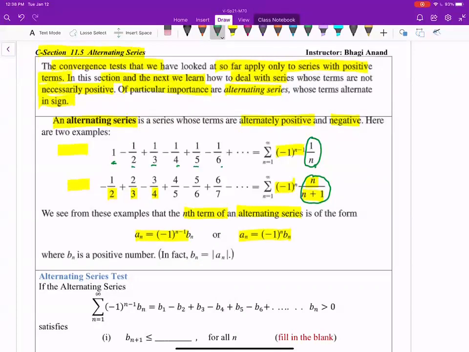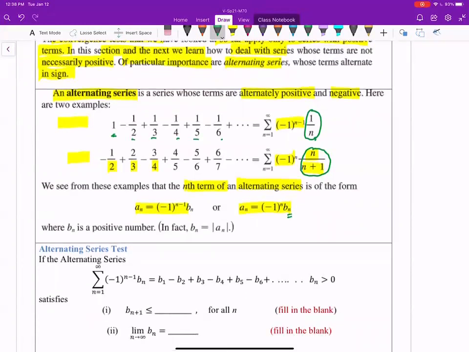They are positive parts of the term. Only this negative 1 to the power n minus 1 or negative 1 to the power n in the second example associates the appropriate sign. So without that negative 1 to the power n or n minus 1, this b sub n is only the positive part of the alternating series, where b sub n is a positive number; in fact, b sub n would be the absolute value of a sub n.